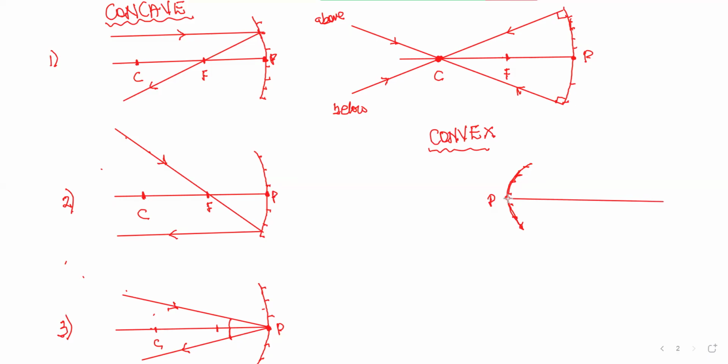So don't forget, for convex mirror, the center of curvature is within. So if the focal point is also within, it's virtual. The same rule, R is equal to 2F. Let's extend the principal axis a little bit.